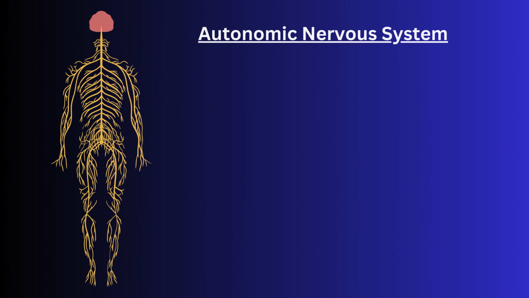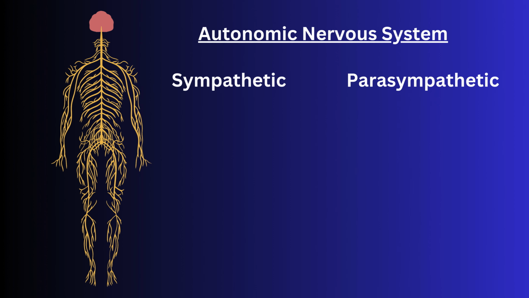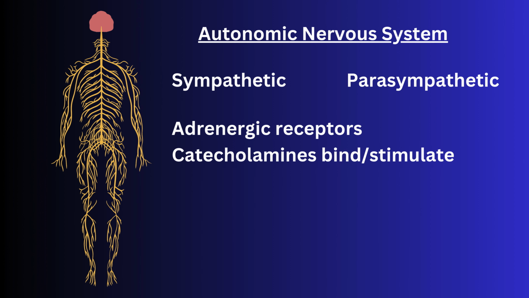If you recall, the autonomic nervous system has 2 divisions, the sympathetic and parasympathetic nervous system. Within the sympathetic nervous system, we have receptors called alpha and beta adrenergic receptors. Hormones called catecholamines can bind to these receptors to produce an effect within the body. When catecholamines stimulate alpha-1 receptors, they produce vasoconstriction.